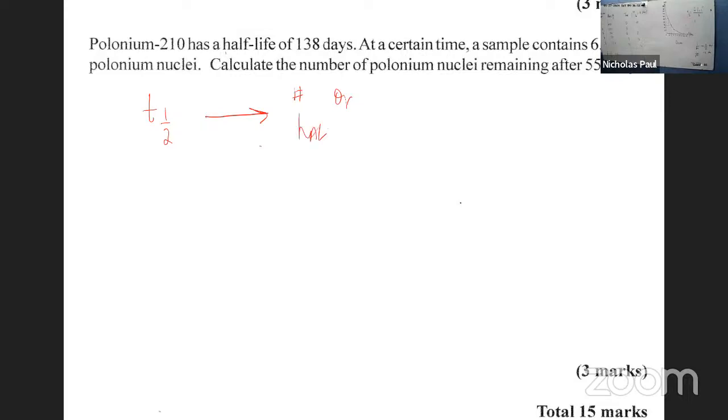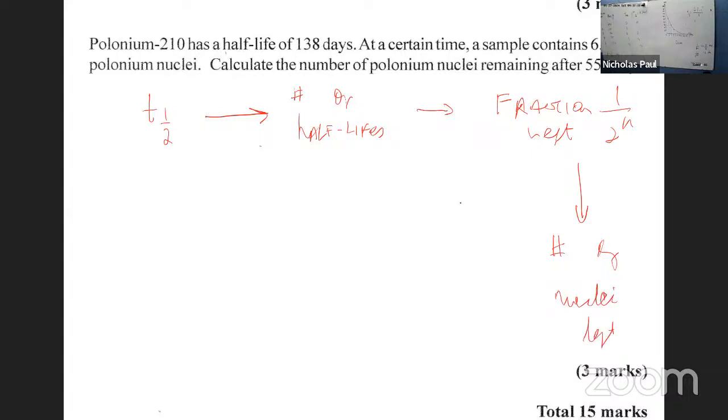After we figure out the number of half-lives, we find the fraction left, 1 over 2 to the n. After we find the fraction left, we find the number of nuclei left. All right, so that's the general process that we follow. All right, let's do our next one.